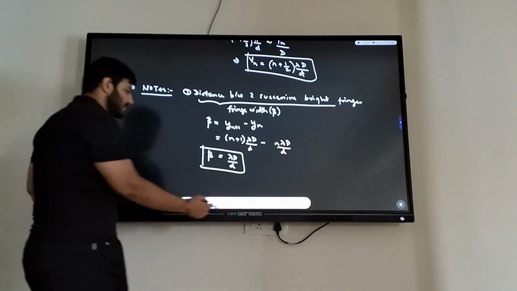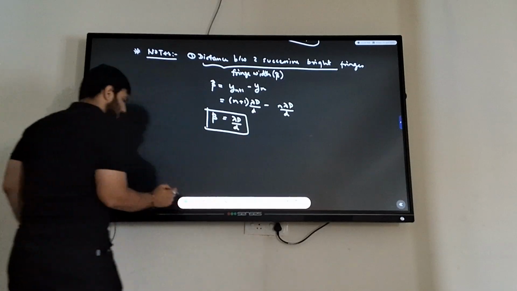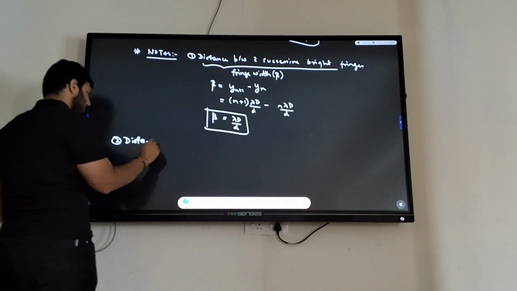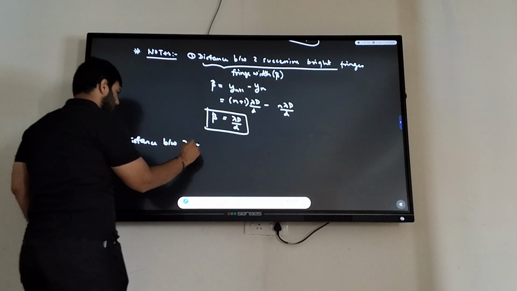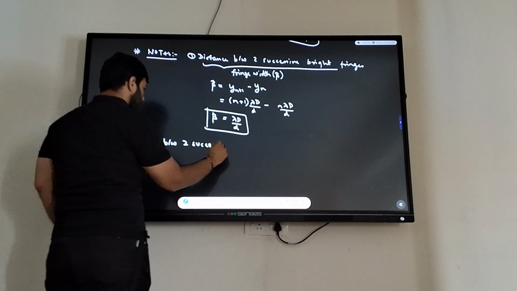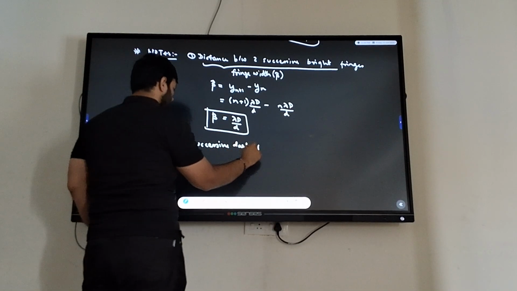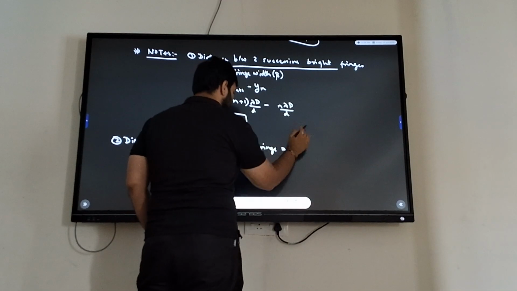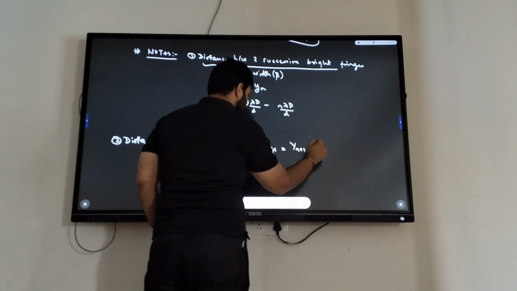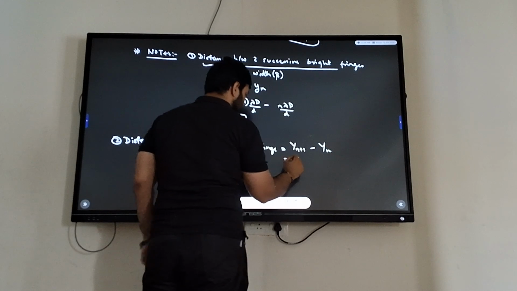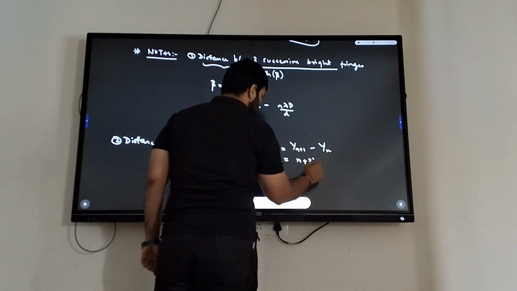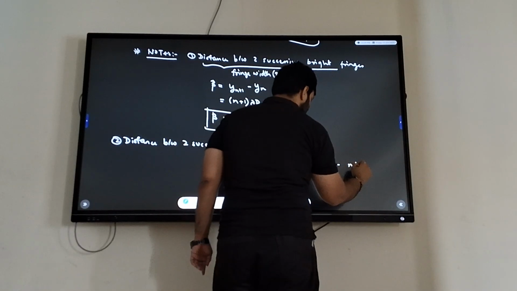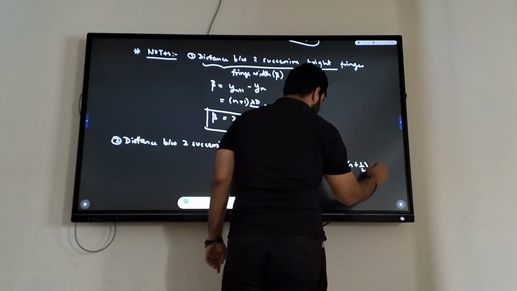What will be the distance between two successive dark fringes? That will be capital Y(n+1) minus capital Yn, and that will be (n plus 3 by 2) lambda D by d minus (n plus half) lambda D by d.